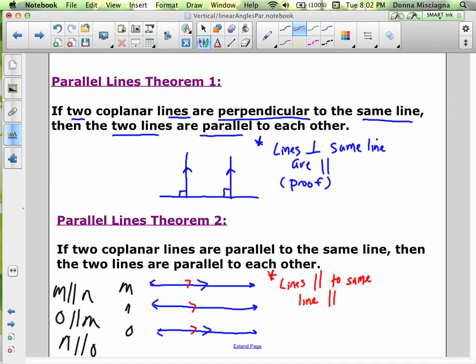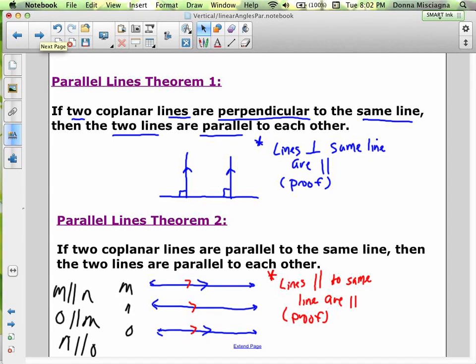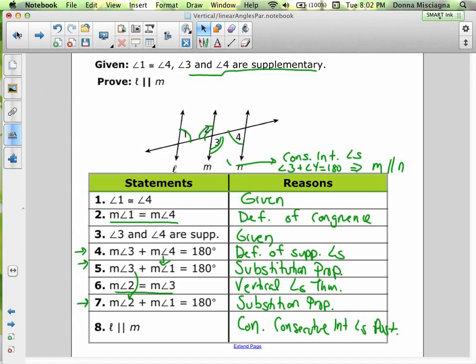And what happened to the word are? Let's add in an R there. If you're desperate for space, you can leave off the R, but we'll try to make that a sentence. Right? And so you can use that as a reason in a proof, so you don't have to use the whole thing. You've got the important parts in there. And so parallel line theorem is what we ended up indirectly showing in this last proof that we just did.